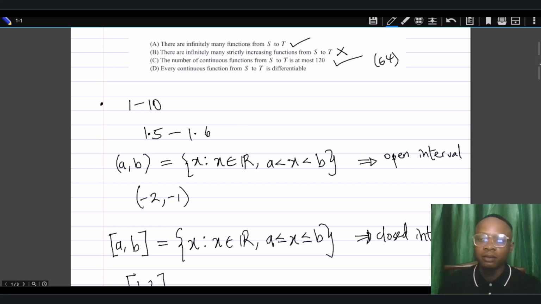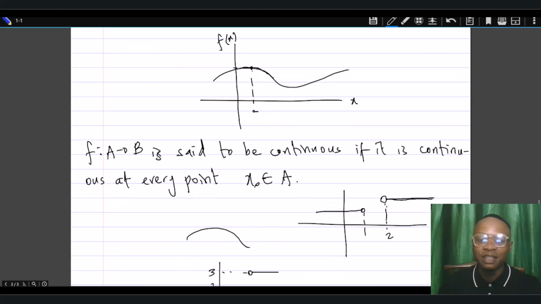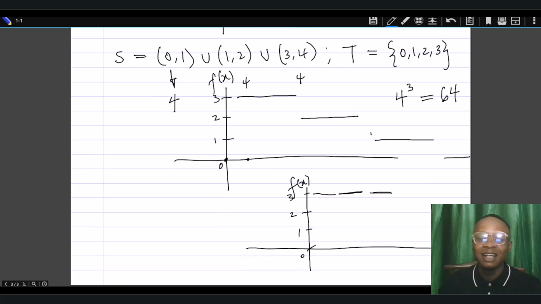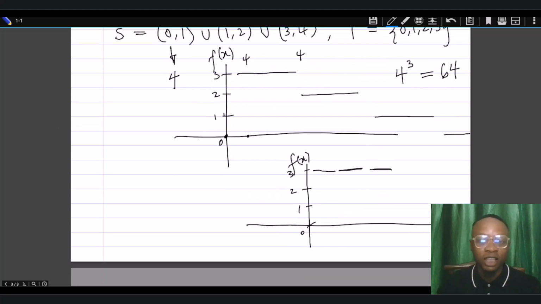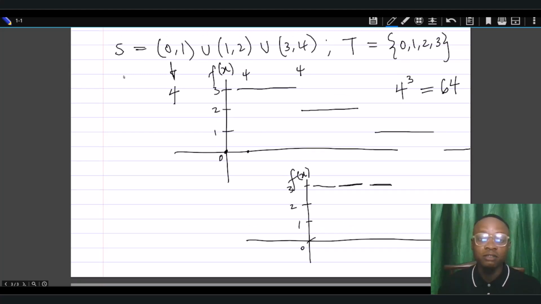So we have every continuous function. We have seen all the possibilities of continuous functions that we can get going from S to T. So we now ask ourselves, considering all of these possibilities, are all of these functions going to be differentiable?